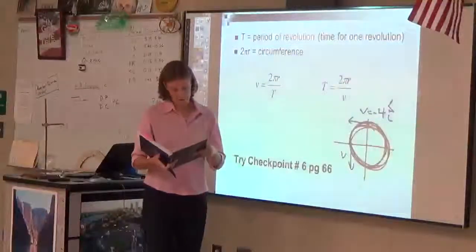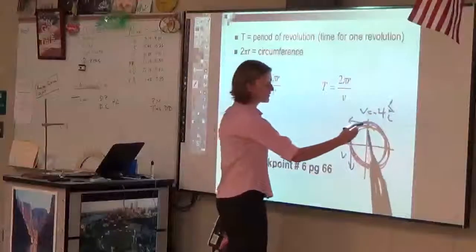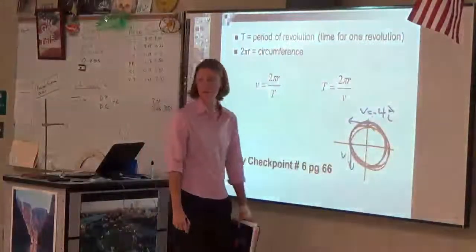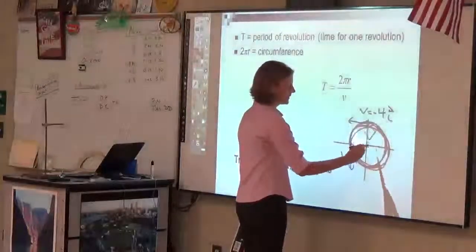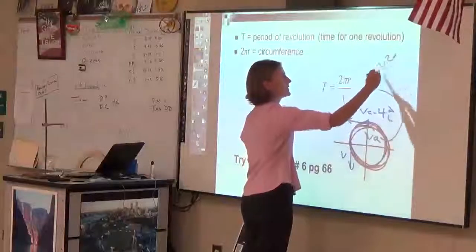All right, and then your next question was the centripetal acceleration also here. So which way is it going to point? Down. And our formula is v squared over r.